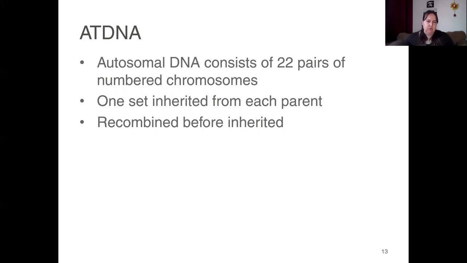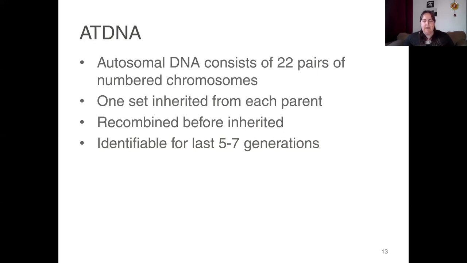So because the chromosomes are recombined before you inherit them, you get a more random percentage of DNA from each of your grandparents and great-grandparents and so forth. Autosomal DNA can be used for about the last 5 to 7, maybe up to 9 generations.